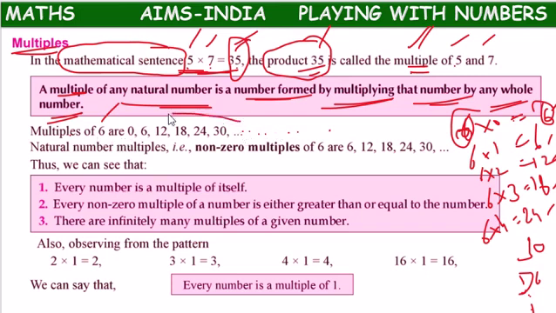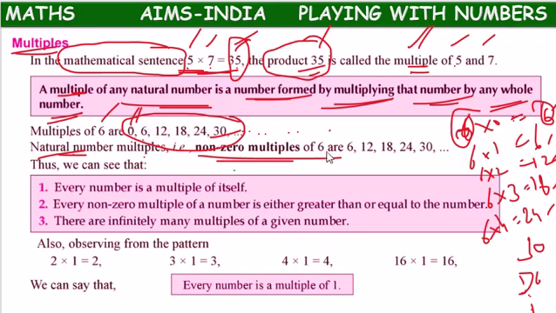But since 0 is also involved, if they ask only natural number multiples or only non-zero multiples, then we cannot include 0.